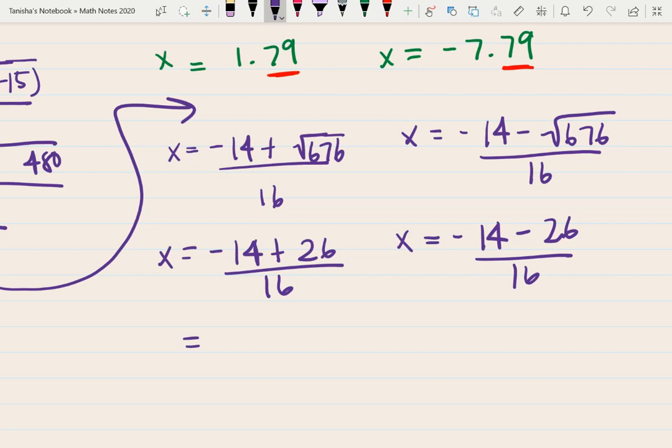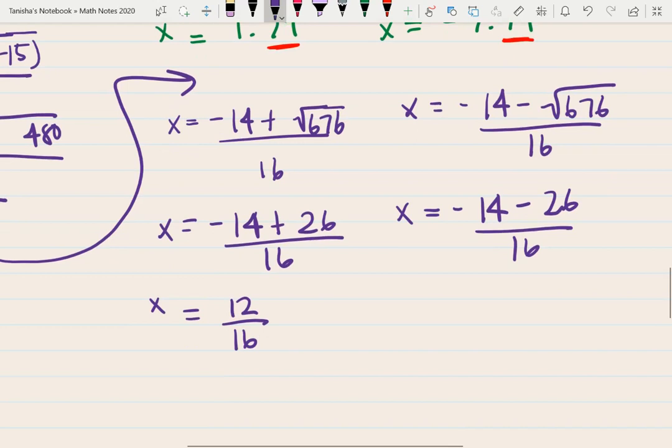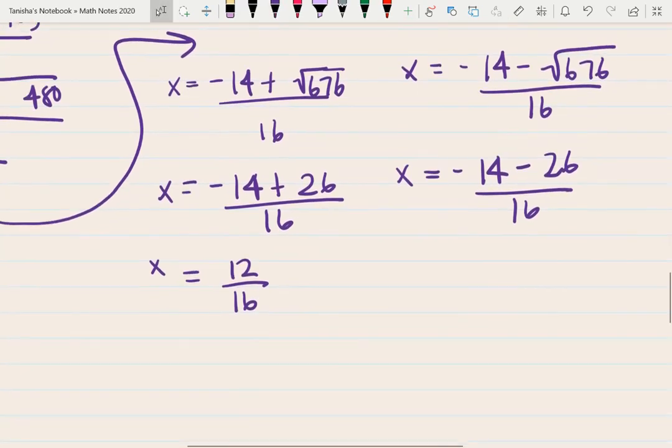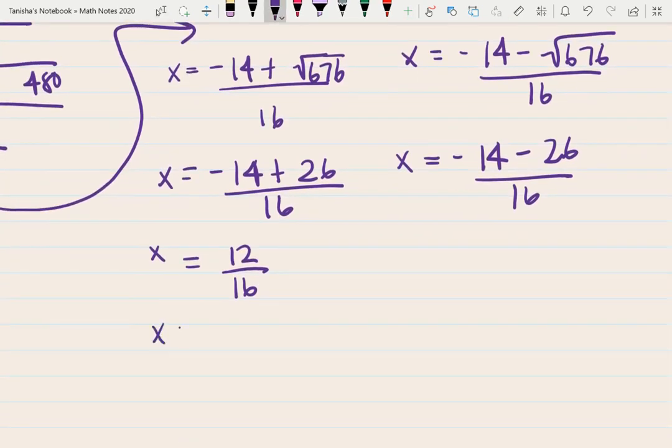Again, evaluating these individually, negative 14 plus 26 is equal to 12 over 16, which, whenever your solution is a fraction, you need to make sure that you reduce it to its lowest form. We get 3 over 4.